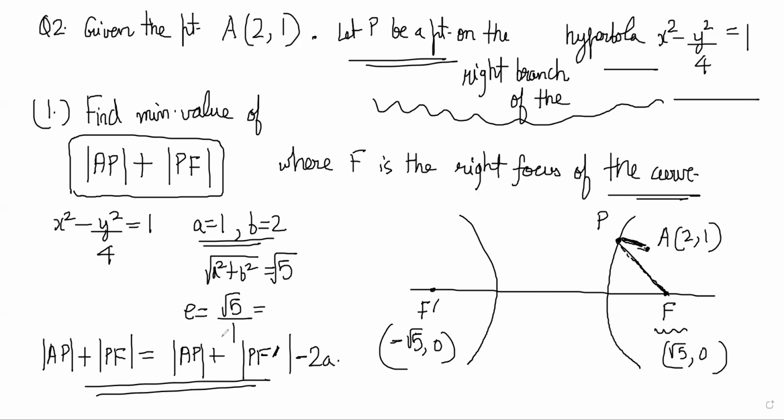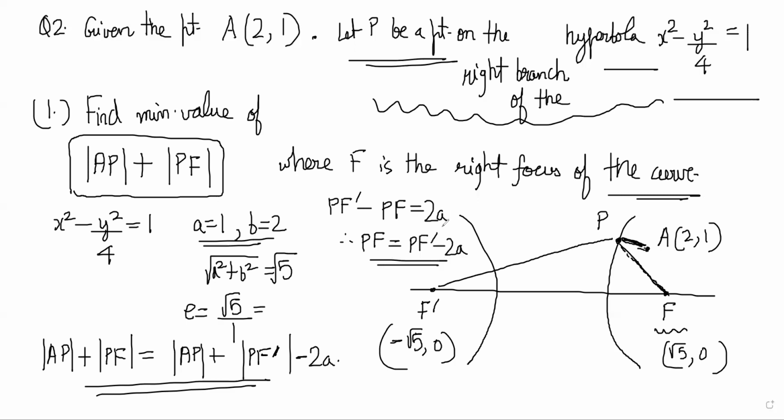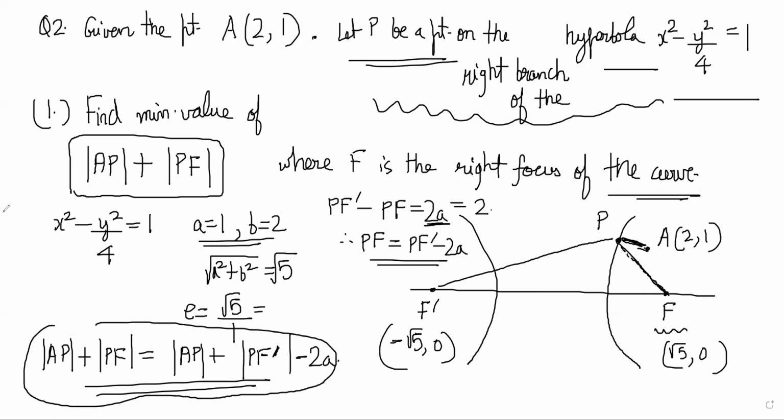Why? Because just like in the previous question, here for the distance P to F dash, we have the property of hyperbola PF dash minus PF is equal to 2a. So therefore PF is equal to PF dash minus 2a, right? What is 2a? 2a is in this case simply 2 because a is 1, right? So we have AP plus PF is equal to AP plus PF dash minus 2, right? I will do it here.